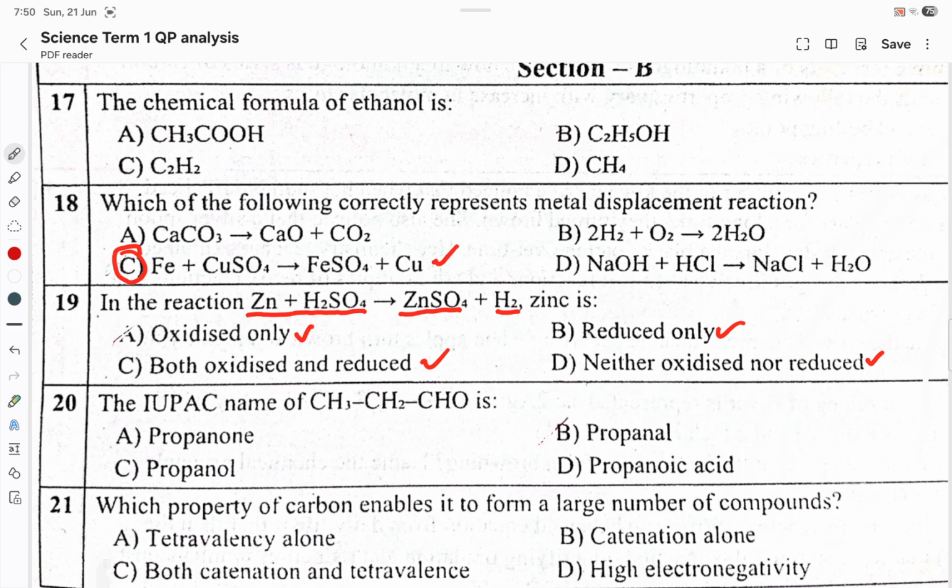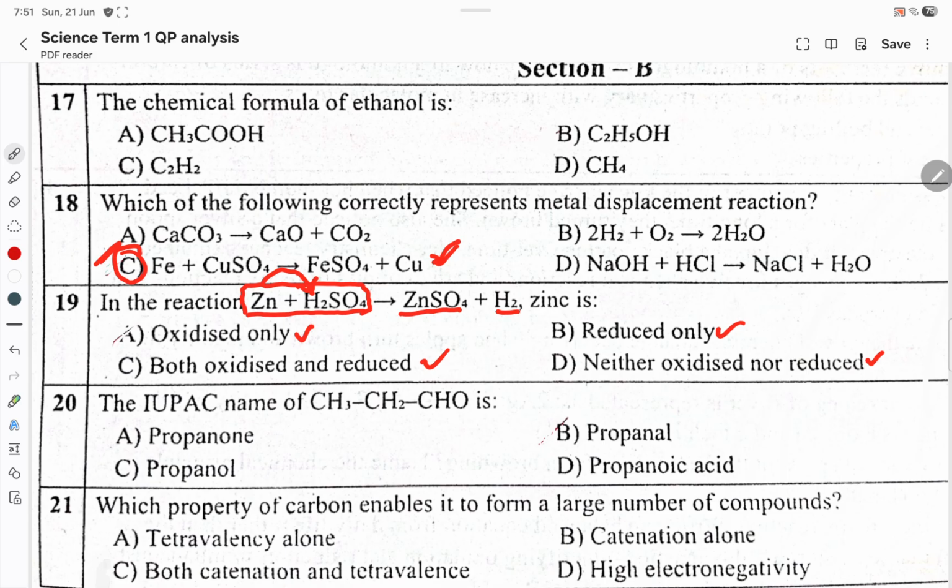Before that, let's find out what type of reaction it is. Just now we have discussed this kind of reaction. It's a displacement reaction. Here zinc replaces hydrogen from sulfuric acid, which forms zinc sulfate, and hydrogen gas is evolved.